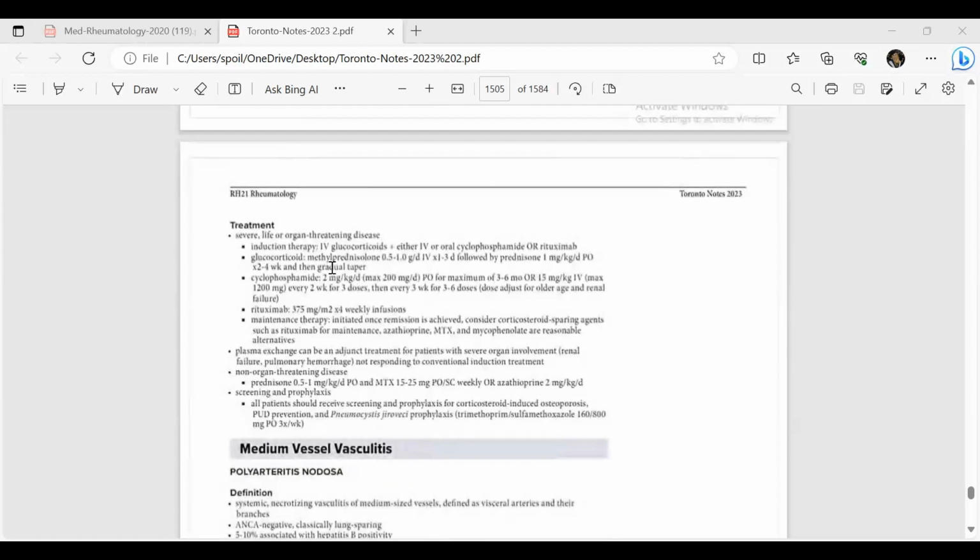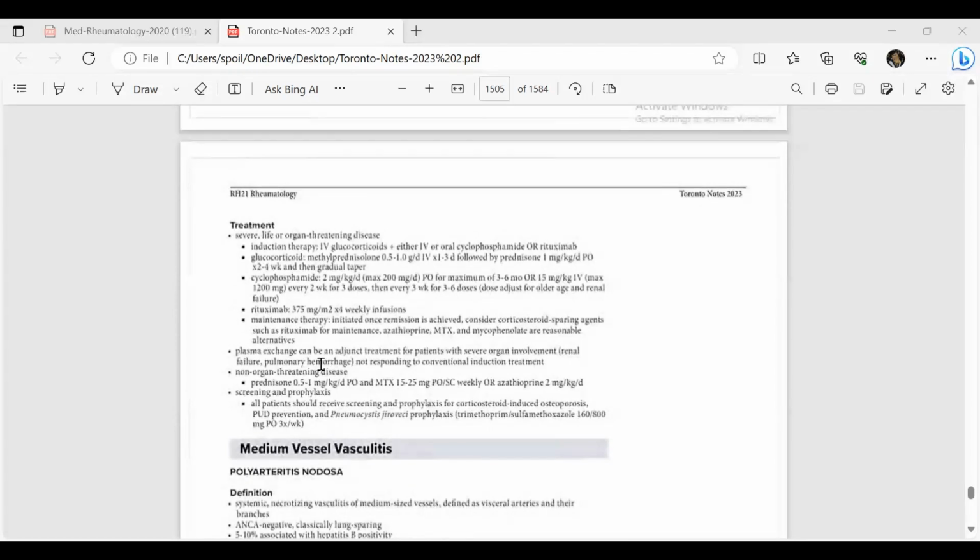The treatment is glucocorticoids with cyclophosphamide, and then rituximab, and rituximab is also used for maintenance therapy.